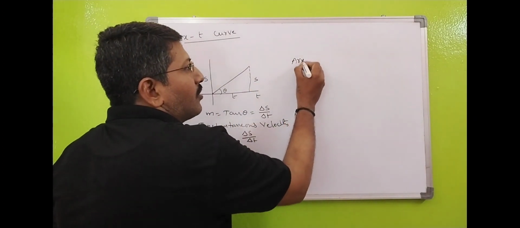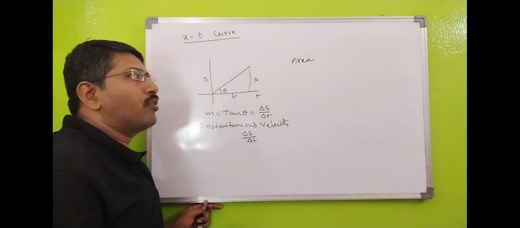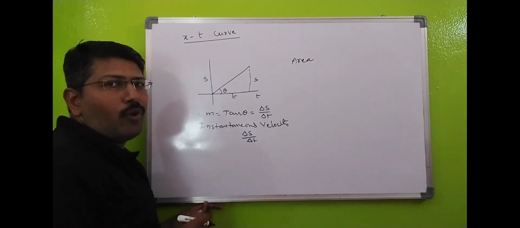Area. A graph is drawn between displacement on the y-axis and time on the x-axis.